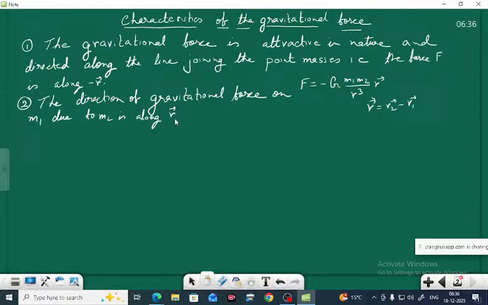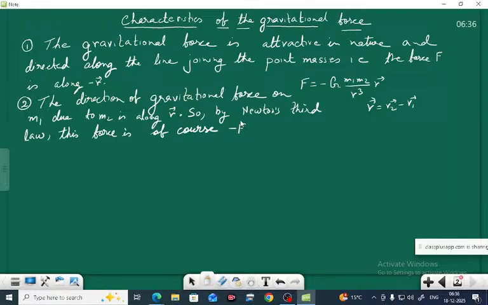So by Newton's third law, this force is of course minus F. Right? We've already learned these things.